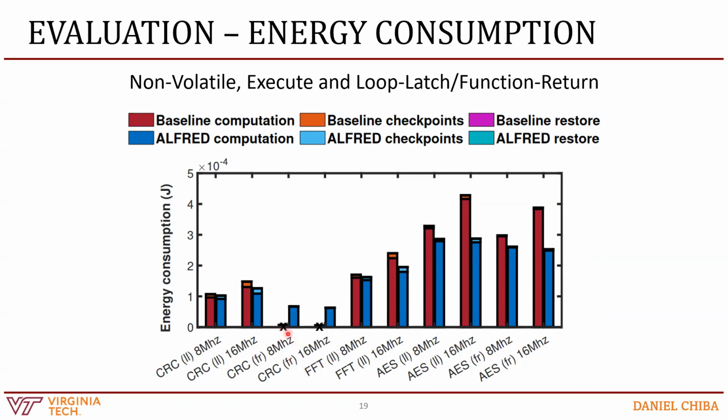In this case here, you can see for CRC, if they use function return checkpoint placement, CRC actually doesn't complete in the baseline because of the way the code is written for these particular benchmarks. It's presumably just one large function, so doesn't actually complete.